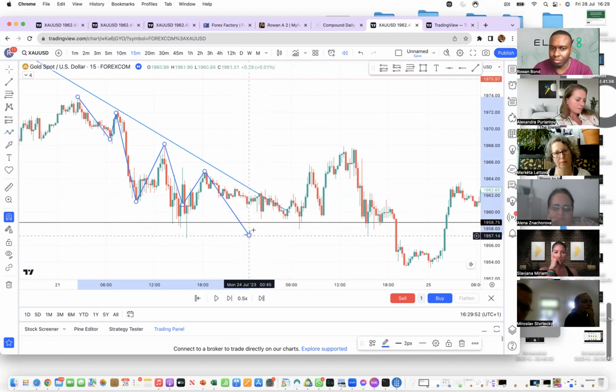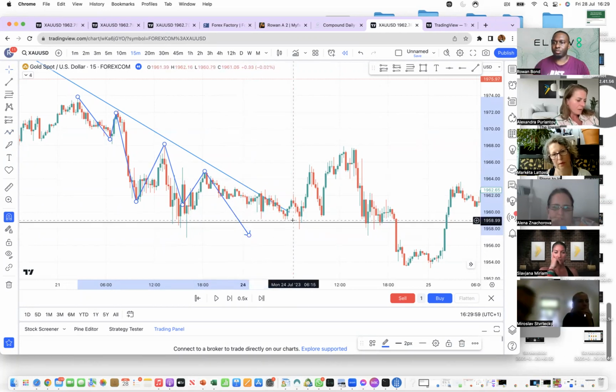Because it didn't go down, that tells you that it's very likely that the buyers are coming into the market to take the price back up. That makes sense?